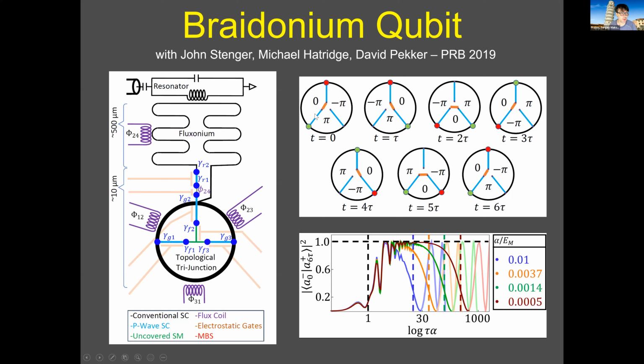So these clock-like looking diagrams show that by coupling and decoupling Majoranas around the T-junction, in this case, our scheme involves flux, Josephson effect, 4-pi Josephson effect coupling. We can braid these Majoranas, but this braiding is not very topologically protected because all the Majoranas are coupled at all times.